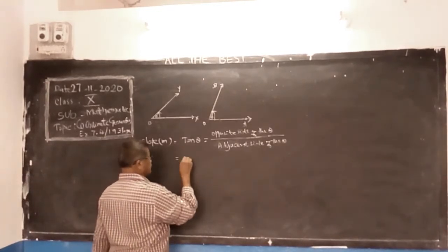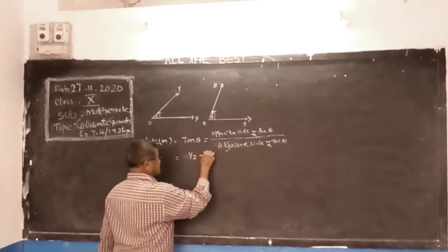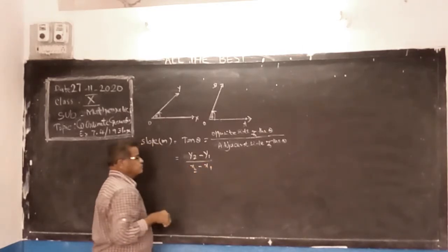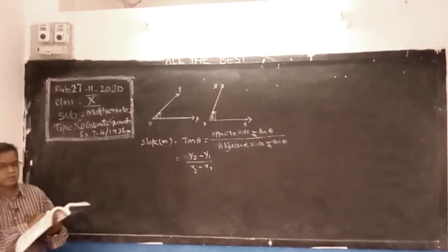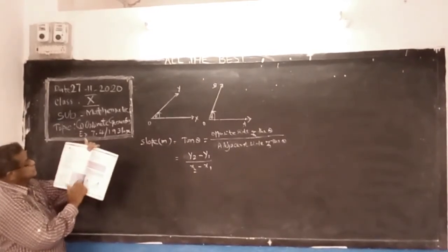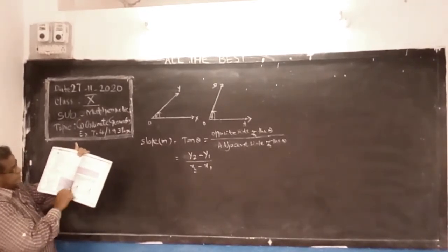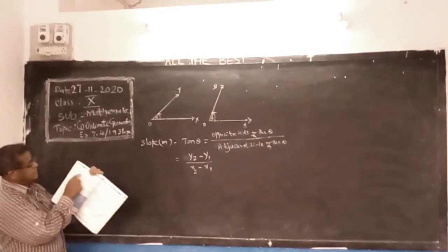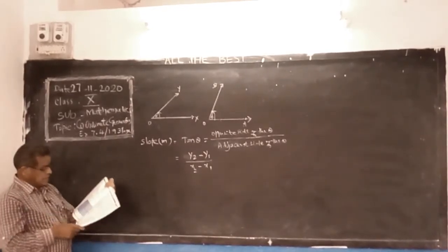When we draw the graph, we get the difference of y coordinates by the difference of x coordinates. See, in the textbook, on page 189, the slope angles are given, and we are finding the slope here.